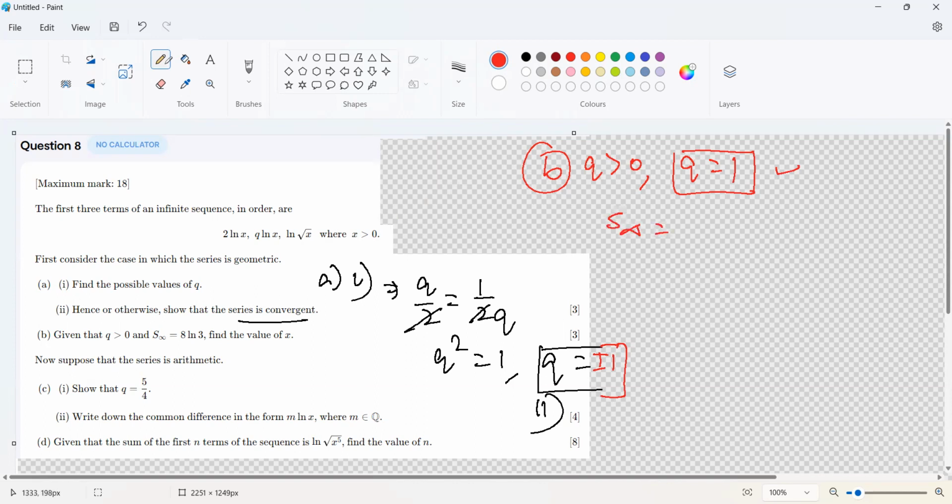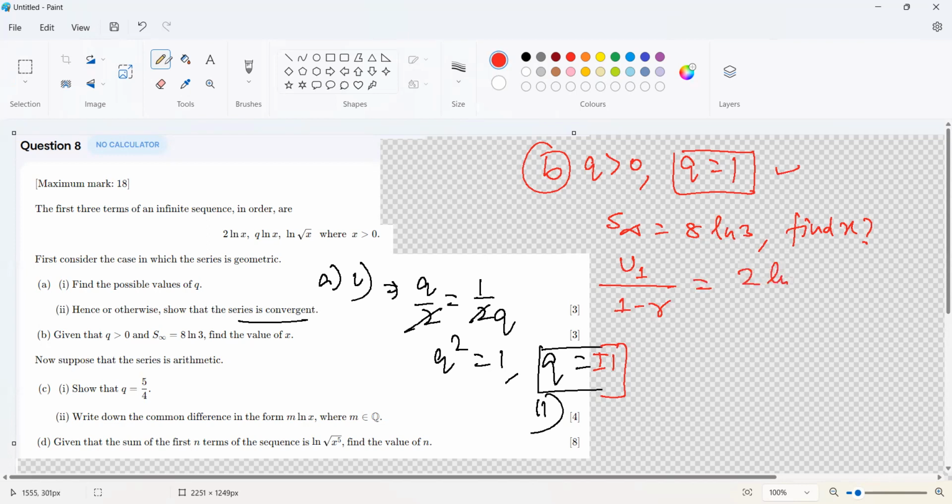S infinite is given to me as 8 ln 3. We are looking to find x. What is S infinite? S infinite is u1 over 1 minus r.